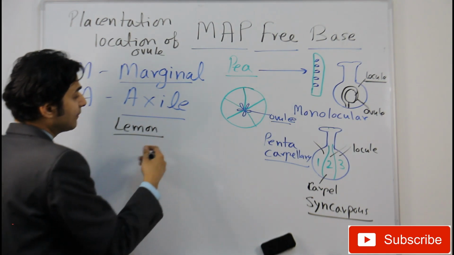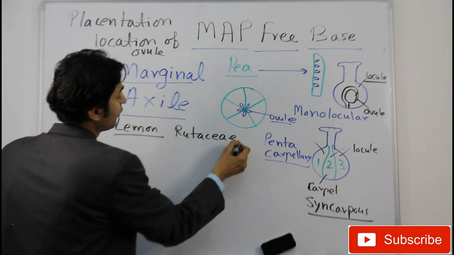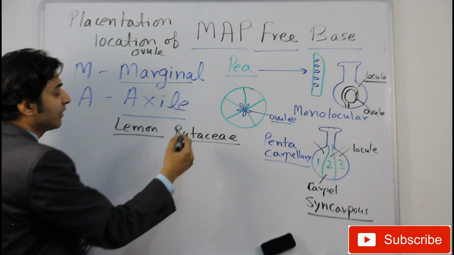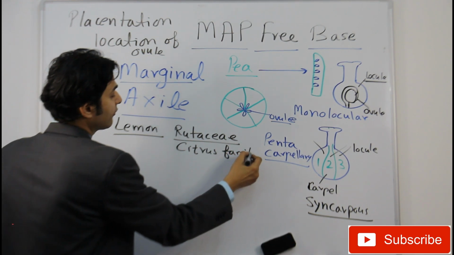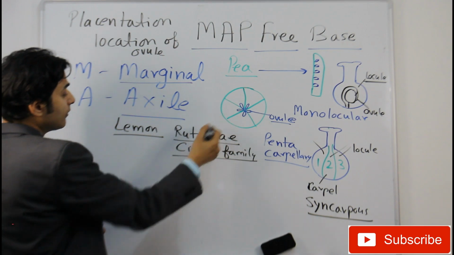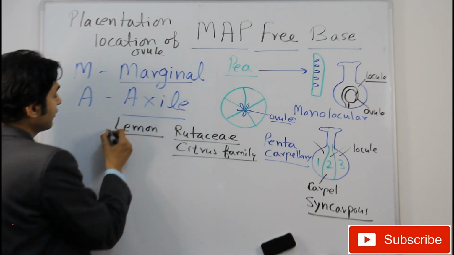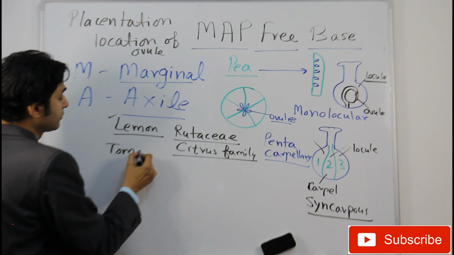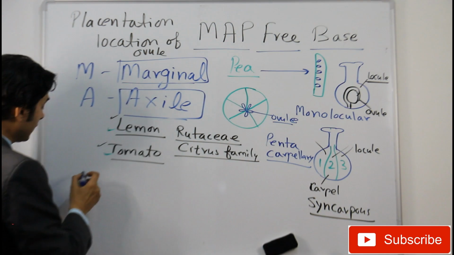Lemon is a member of family Rutaceae, the citrus family, where all your lemon type fruits come. Even tomato, Solanum, Solanaceae family. So lemon is one example, and tomato.